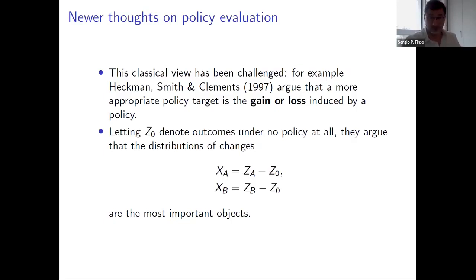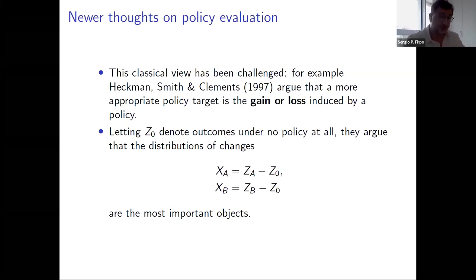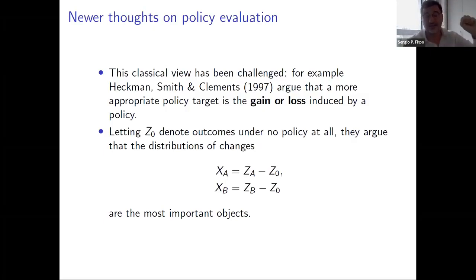Z0 is a random variable that depends on observable characteristics that individuals have, and also on unobservable characteristics. Each individual would have a different value of Z0, so there is no constant reference value. This can be thought of, in the prospect theory literature, as having a random reference value, and that's what makes this even more interesting.